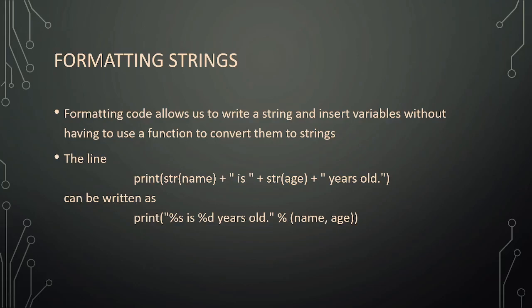So you can see that name will be put in where the %s is, and age is going to be put where the %d is. Now this converts numbers and booleans and stuff into strings for us automatically, so we don't have to actually worry about doing any of those conversions. Okay, let's go over to PyCharm now and see how that's done.